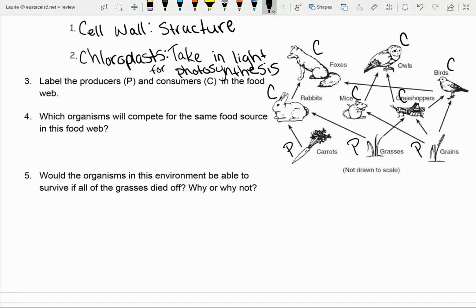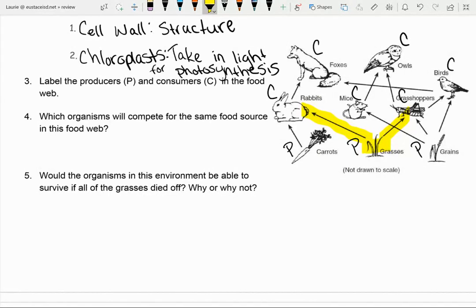Okay. Then it says which organisms will compete for the same food source in this food web. Well, the easiest way to look at this is the food source always has arrows leaving it and pointing to the consumer. So, for example, here my grasses have arrows leaving it and pointing to the rabbits and pointing to the grasshoppers.